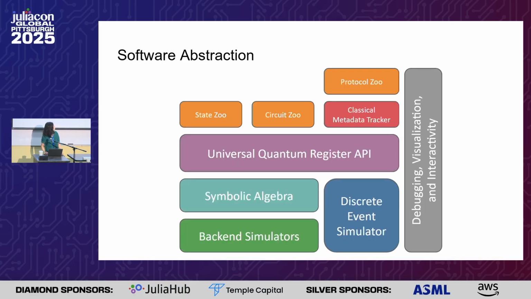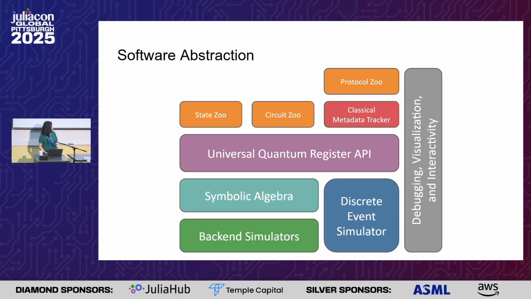The software is built with a well-structured abstraction layer from low-level to high-level components. For low-level, as Andrew mentioned yesterday, you can plug in any backend simulator. QuantumSavory comes with QuantumClifford for stabilizer formalism and QuantumOptics for state vector formalism.